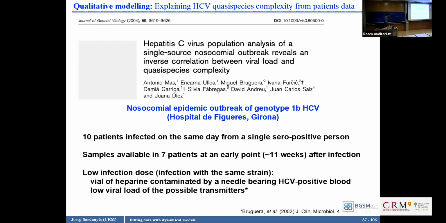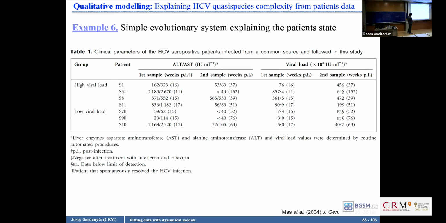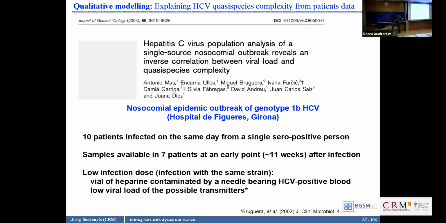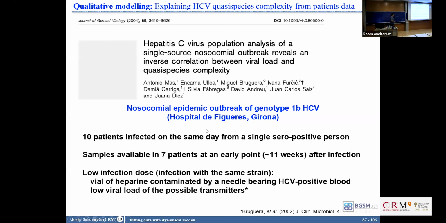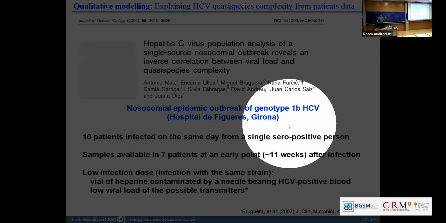The interest of this work, and the one I will show you, is that they realized very quickly about this contamination, so they had the initial condition. They know that some people were infected with this contaminated needle with hepatitis C, and they were infected from a single seropositive person.